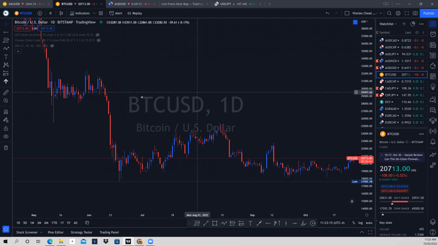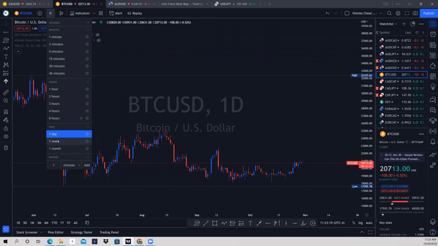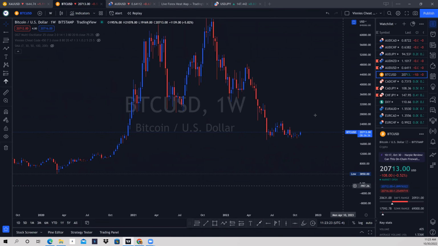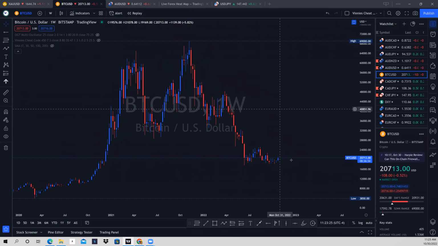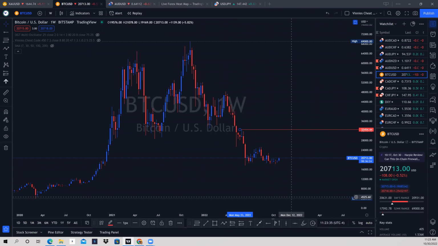Once it gives me sideways structure like this, we need to go to a higher time frame, the weekly time frame, to figure out where our swing high and swing low are. On the weekly time frame, we found our bearish swing high and swing low. This would be our swing high, and this would be our swing low.